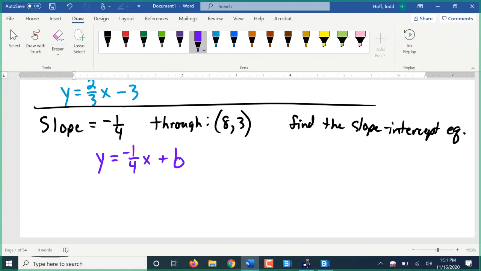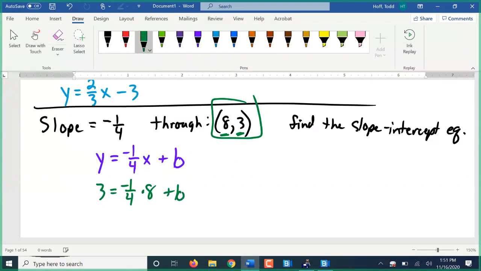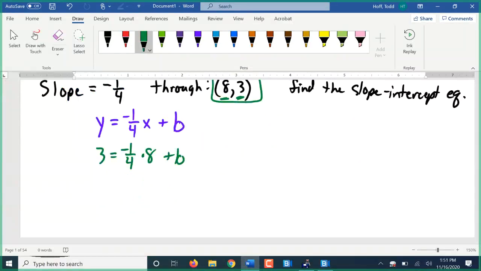Now, to find b, we know because the equation goes through this point that at some point on that line, x is going to equal 8 when y equals 3. So I can put 3 in for y and 8 in for x. And now the only variable left in that equation is b, my y-intercept. So we can solve that for b like we did last week.